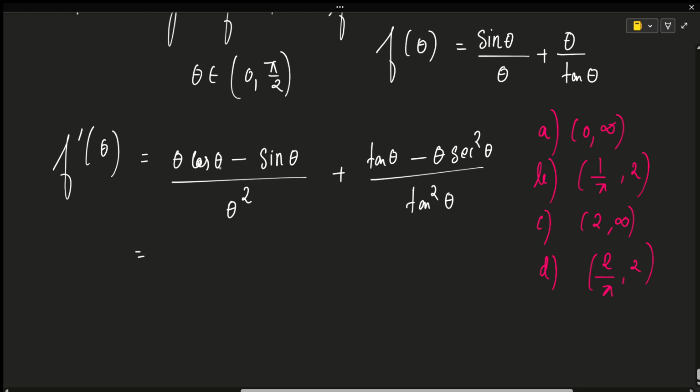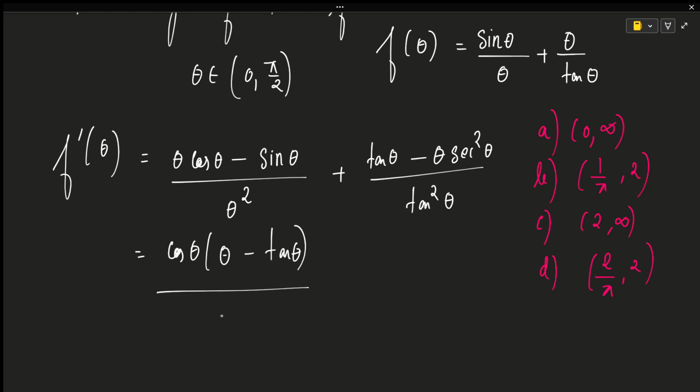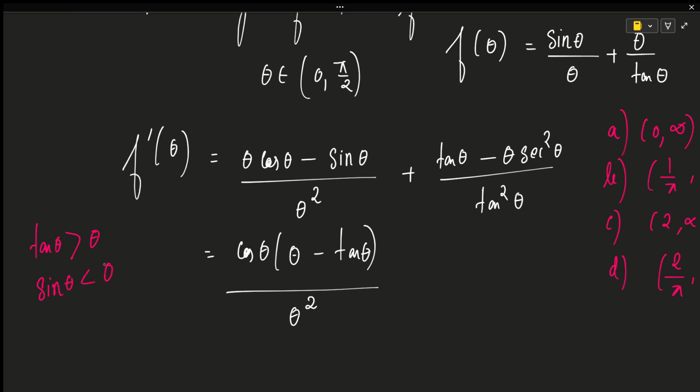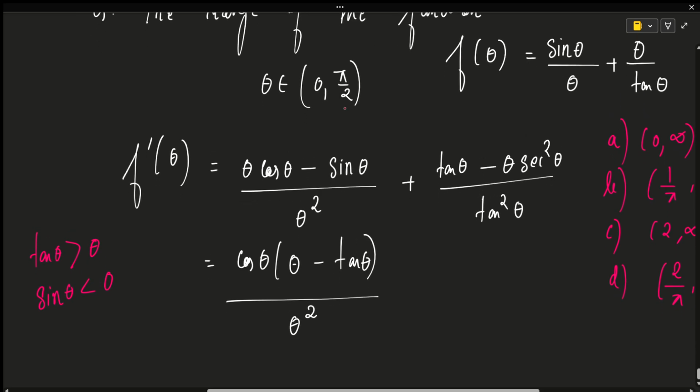Then if you take cos theta common over here, you get theta minus tan theta divided by theta square. Now we should know some stuff, that tan theta is bigger than theta, but sine theta is smaller than theta, for this particular range from 0 to pi by 2.